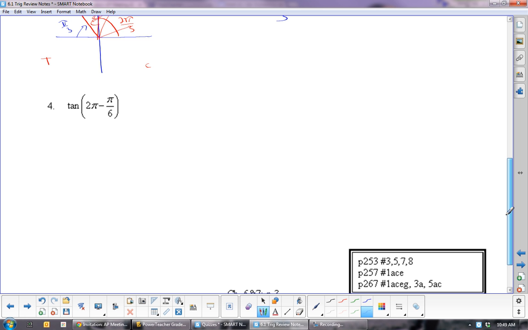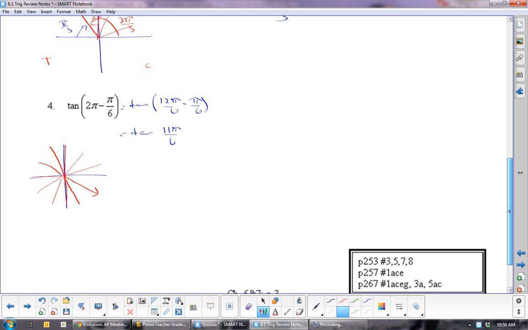So tan of 2 pi minus pi over 6, I just have to do a little math. So that's tan of 12 pi over 6 minus pi over 6. So I'm looking for tan 11 pi over 6. Now there's 12 pi over 6s as you go all the way around, right? So it's 1, 2, 3, 4, 5, 6, 7, 8, 9, 10, 11.